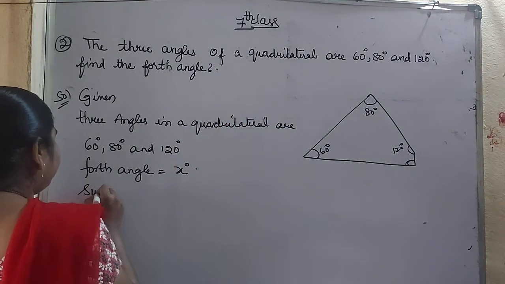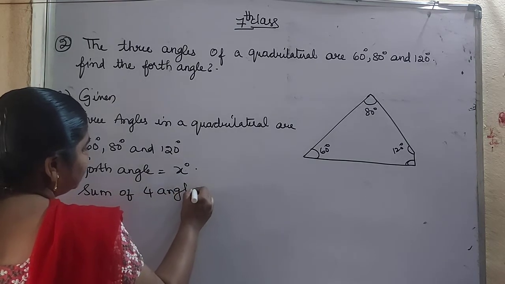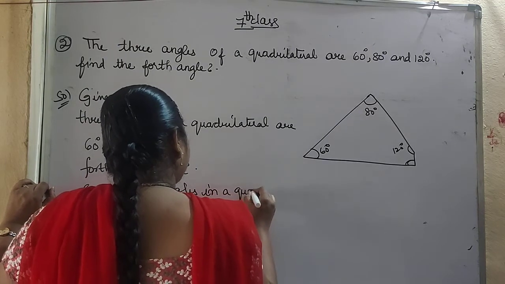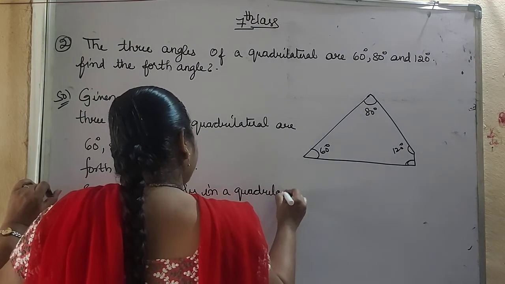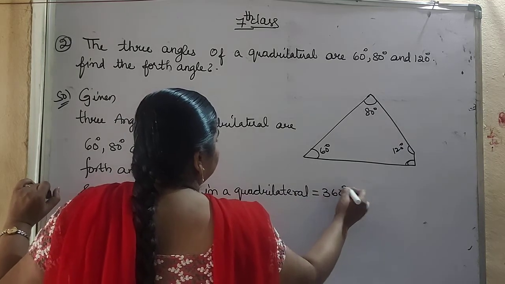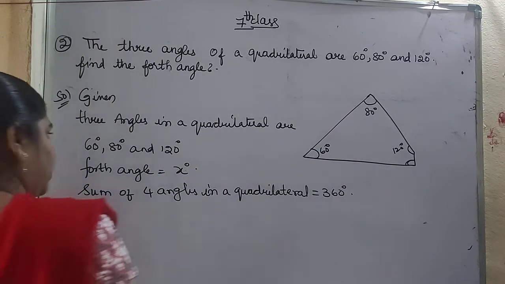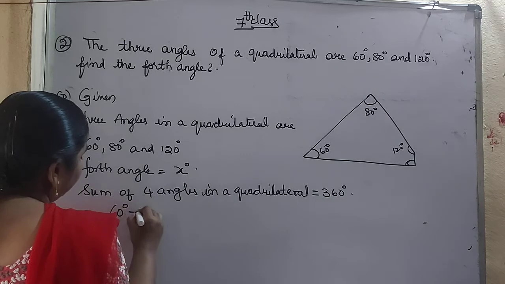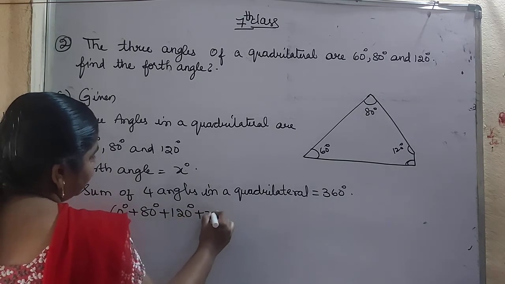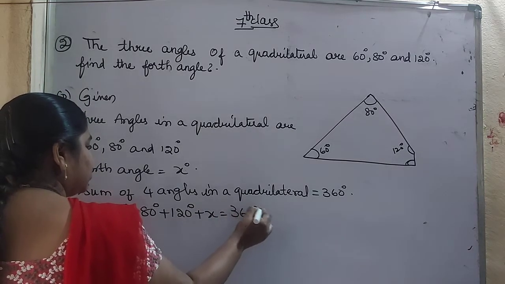So we know that the sum of four angles in a quadrilateral is 360 degrees. That is, 60 plus 80 plus 120 plus x will be equal to 360 degrees.